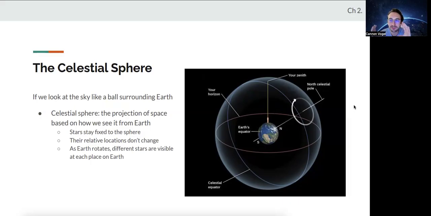They're moving as the Earth rotates, but relative to one another, they stay in the same position. Now, as the Earth orbits the Sun, where that position is in the sky will also change as a result of that motion. But if two constellations are next to each other at one moment, they will be next to each other anytime in the future. It's just they might be somewhere else in the sky, or they might be hidden under the horizon from our perspective.